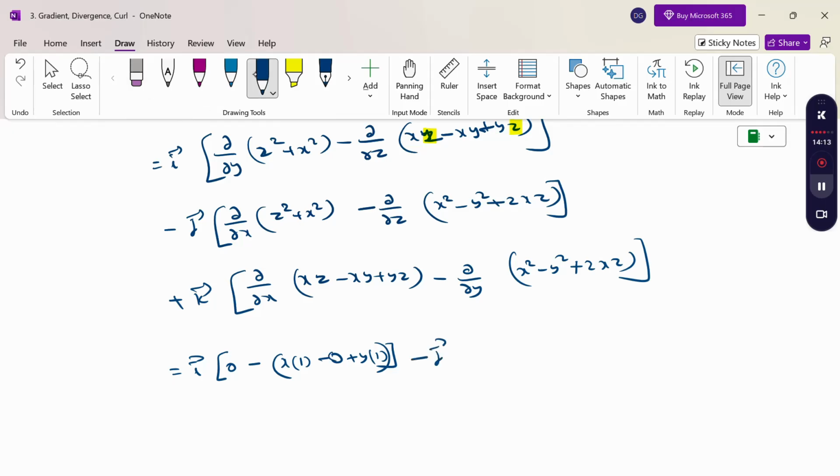Then minus j vector, when x is the only variable, here x square, therefore 0 plus 2x, minus of z variable, here the variable, therefore 0 minus 0 plus 2x into 1.